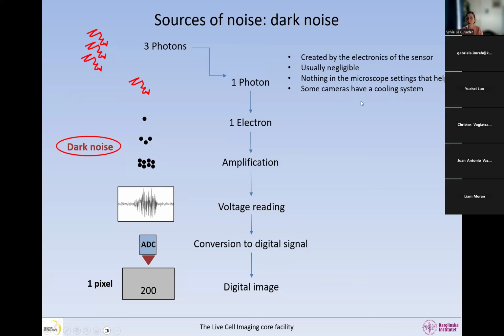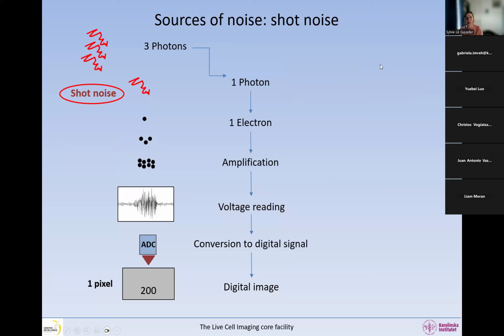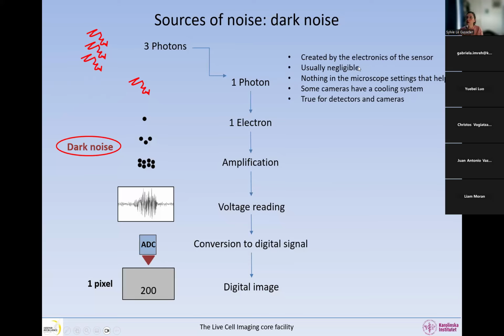In some cameras, you can buy a cooling system to lower this electronic noise, and that is a very good thing to do, but it's just extra equipment that you are buying. In general, for dark noise, you can't do anything except change the sensor or add a cooling system. So basically, we're going to ignore dark noise because there's not much we can do.